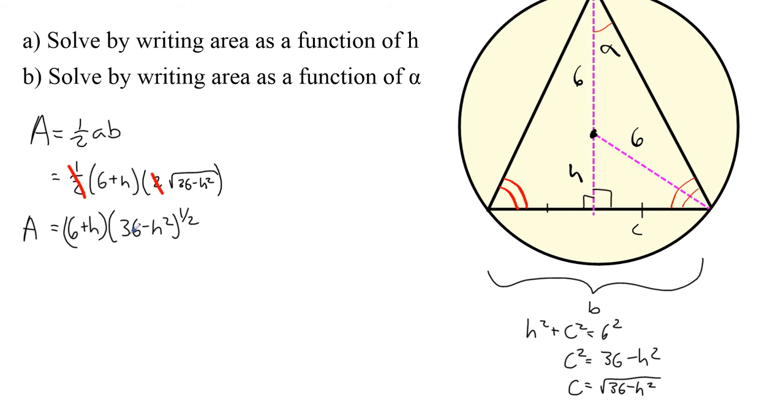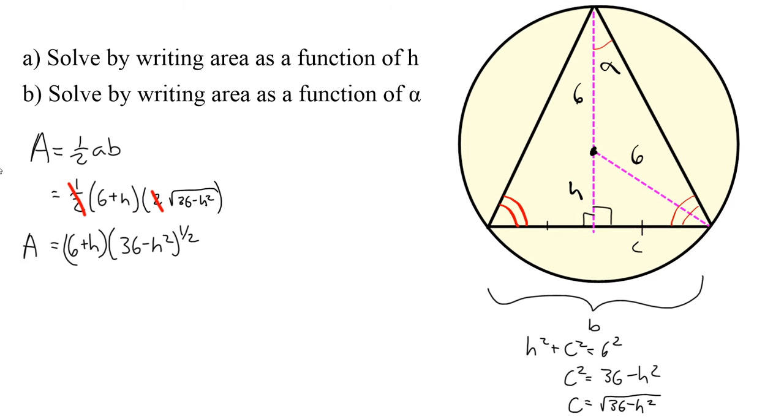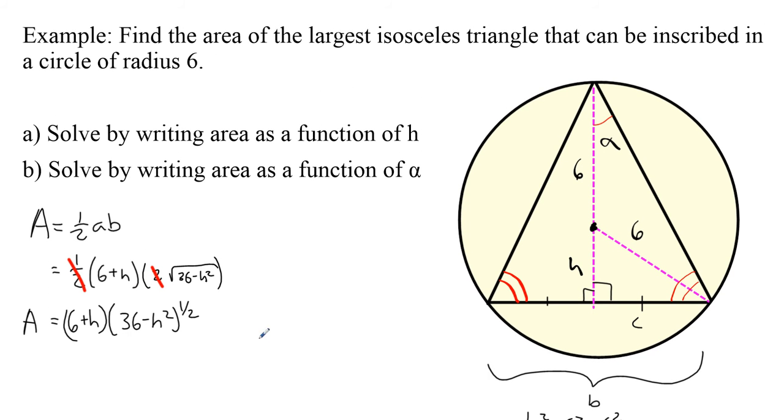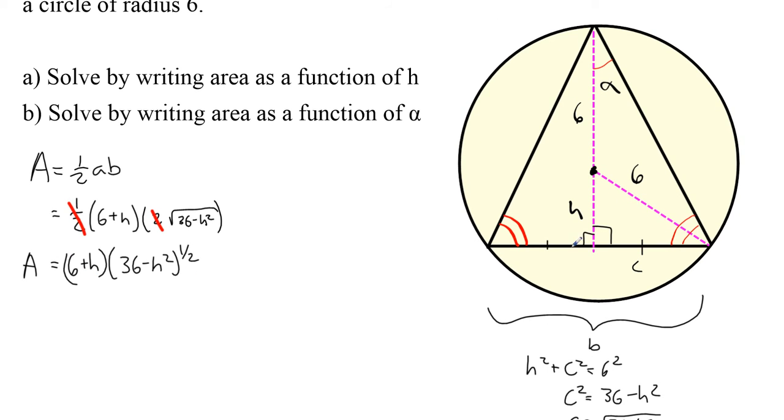All right, so let's go back to what we're doing. We always need to circle back. We're trying to find the area of the largest isosceles triangle. Now let's talk about h. If h is 0, your base will be the entire diameter, and then you'll have two sides there.